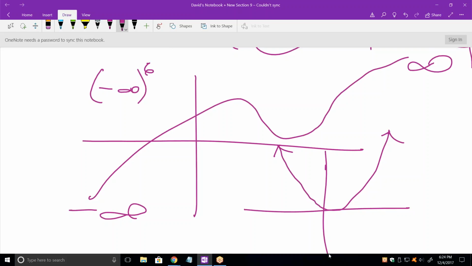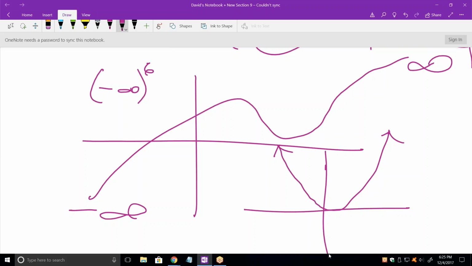That's 8. Nope, it's negative 8. Oh my goodness. Okay, it's negative 8. The point being that if you have a negative number and you take it to an odd power, it stays negative. So if I had negative infinity to the 5th power, it would still stay negative infinity. But if I had negative infinity to the 8th power, it would turn it into positive infinity. That's the only 2 rules you have to know.